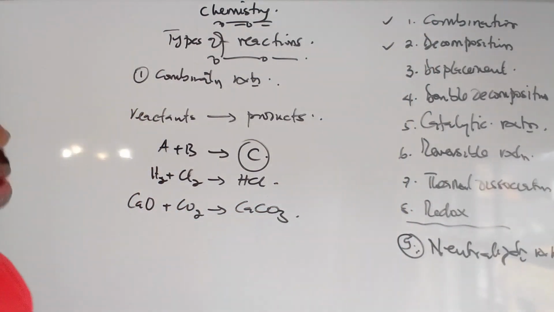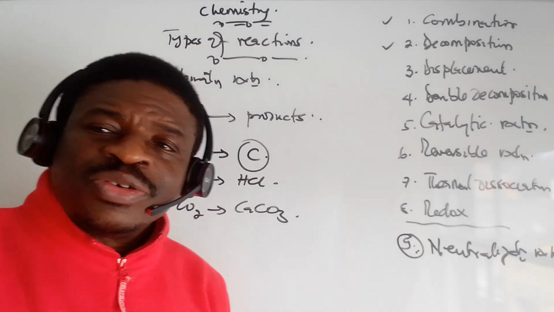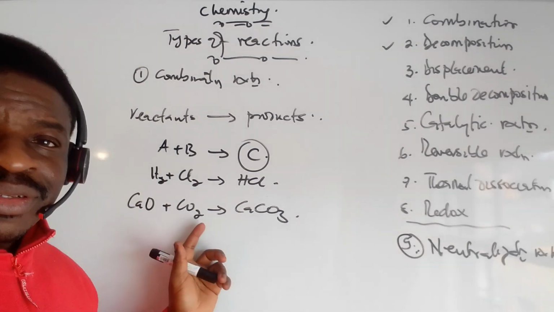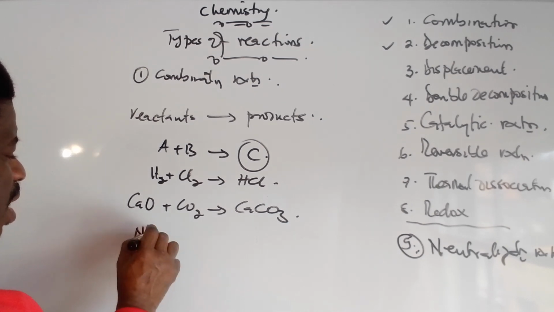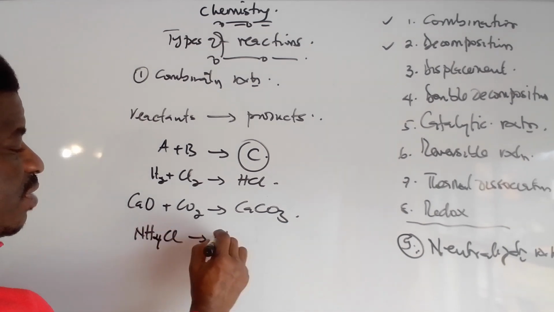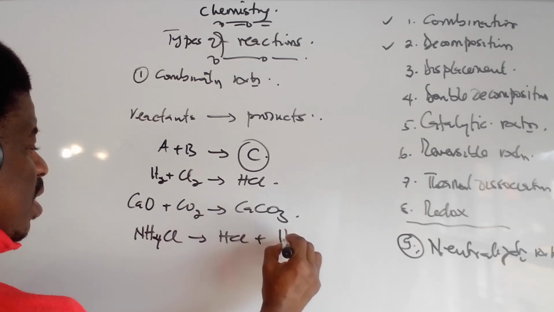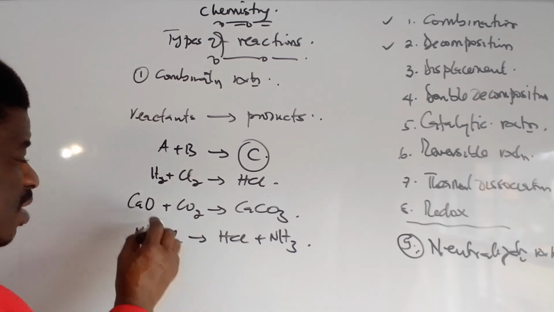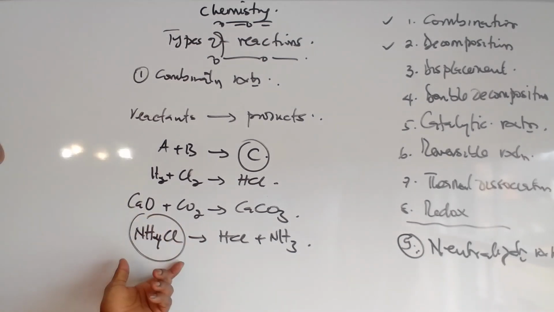In decomposition reaction, it's like the reverse. In decomposition reaction, there is only one reactant. Take for example ammonium chloride giving NH3 plus HCl, something like that. So you see that there is only one reactant.